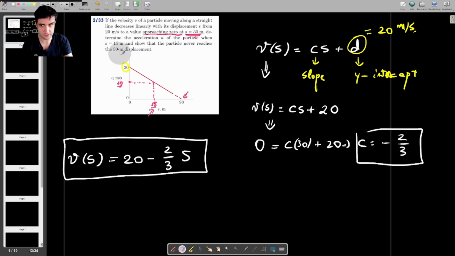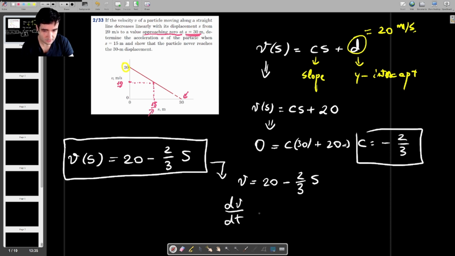Now, in order to find the acceleration, what we can do is straight away differentiate this equation. So we can say that v is 20 minus 2/3 of s. And if we differentiate it, obviously we have to differentiate both sides. So dv by dt is going to be equal to d by dt of 20 minus 2/3 of s.